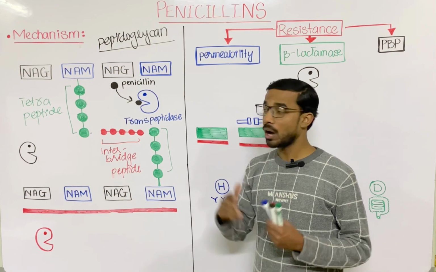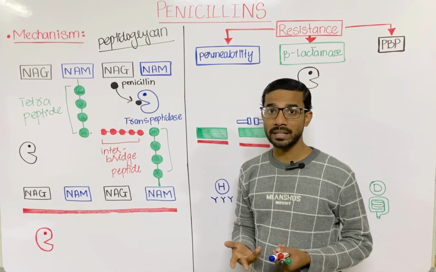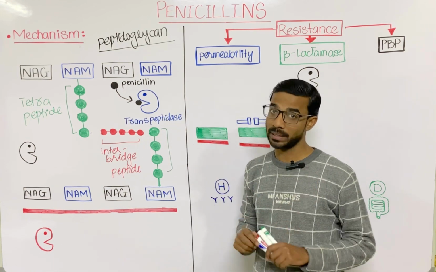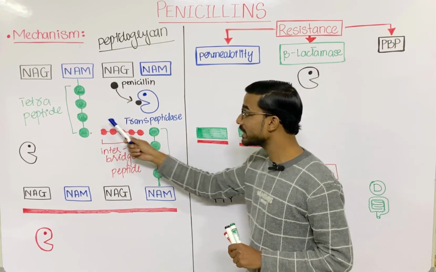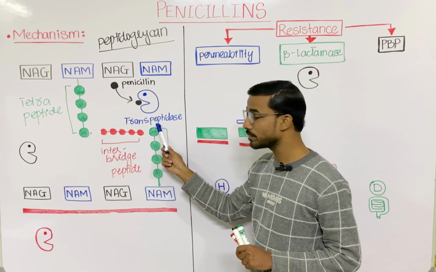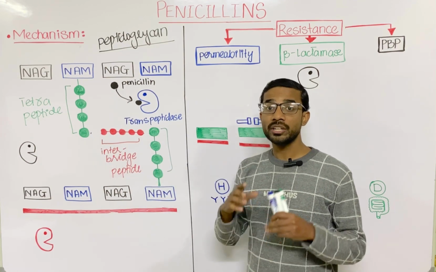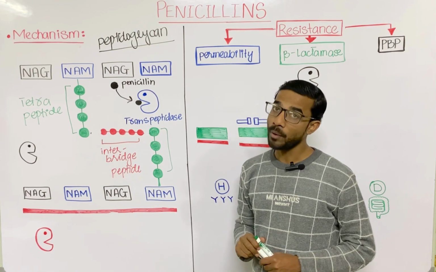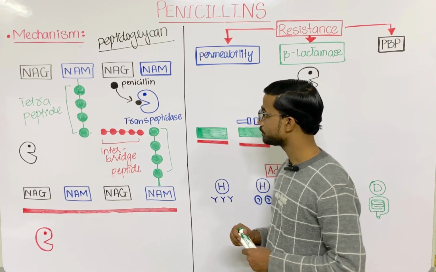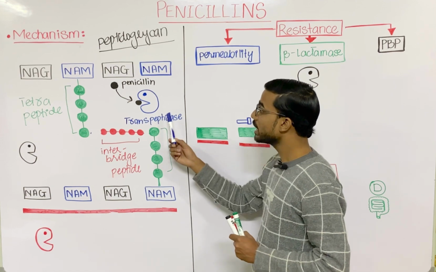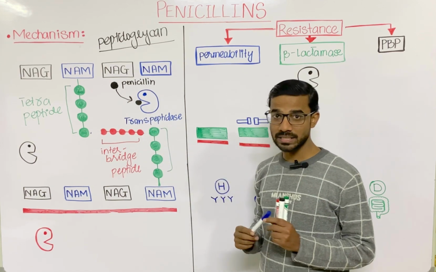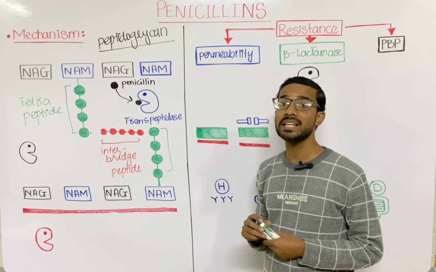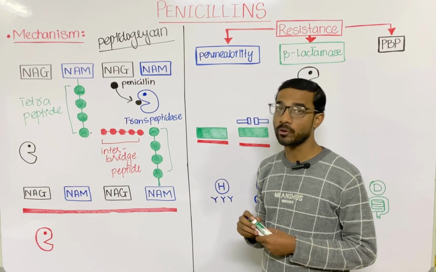Okay, so penicillin actually destroys the bacteria, and this is how: by stopping the transpeptidase enzyme, and ultimately the destruction of the peptidoglycan and of the whole bacteria. Actually, transpeptidase binds to the penicillin, so on the basis of this we call transpeptidase penicillin binding proteins.